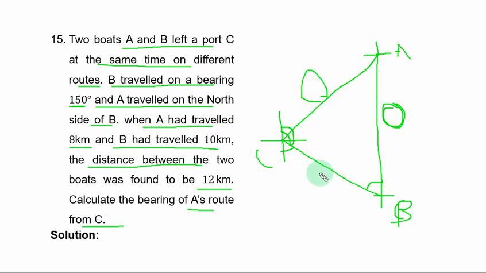Then B, this is 10 kilometers from the port. So with this, we can find the bearing of A's route from C. This is A. The bearing of A from C is from the north to the line joining A and C.